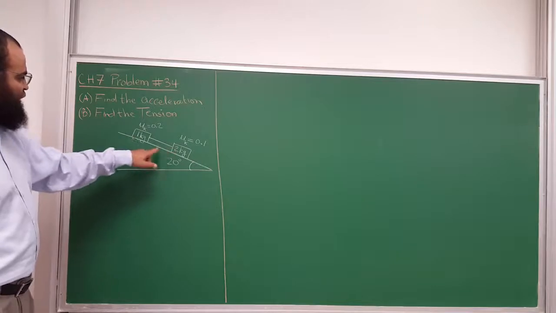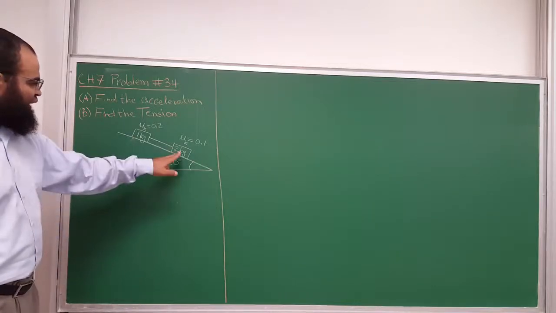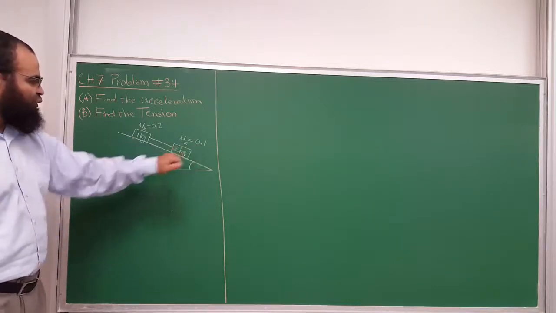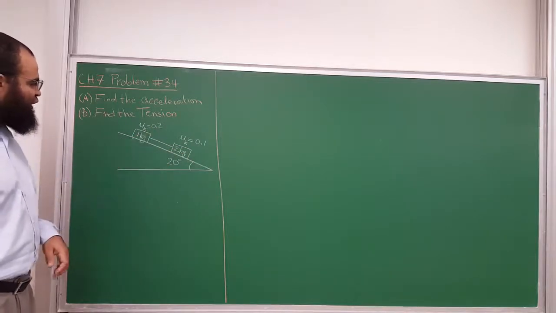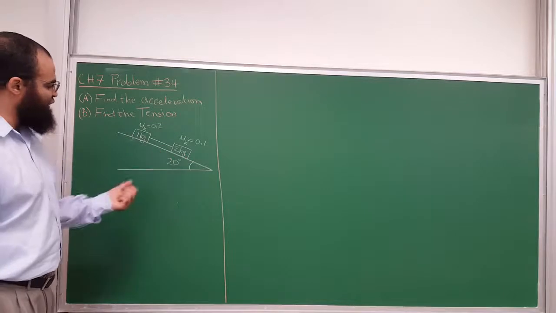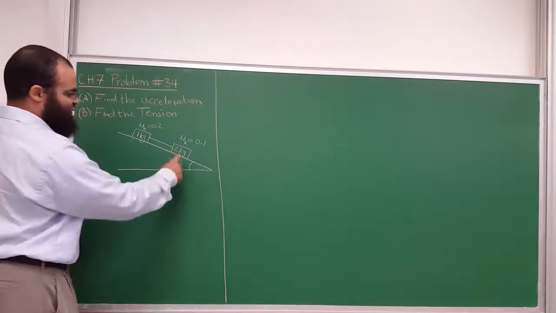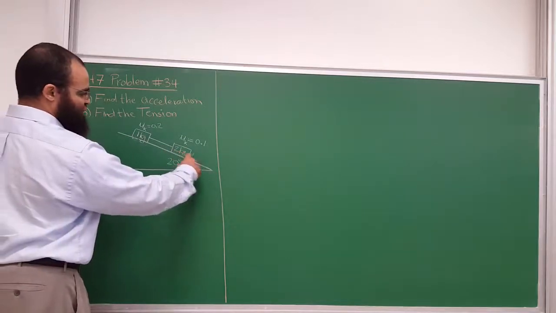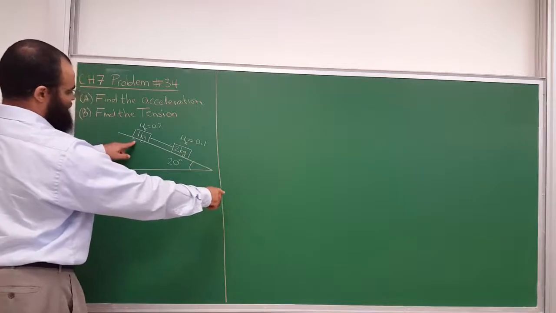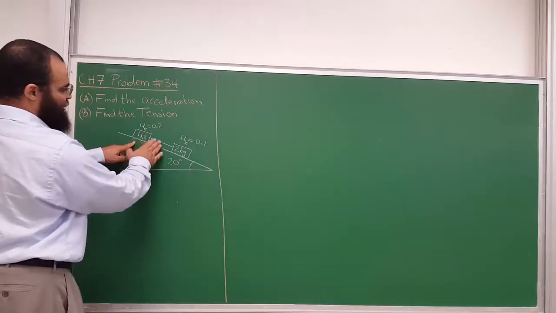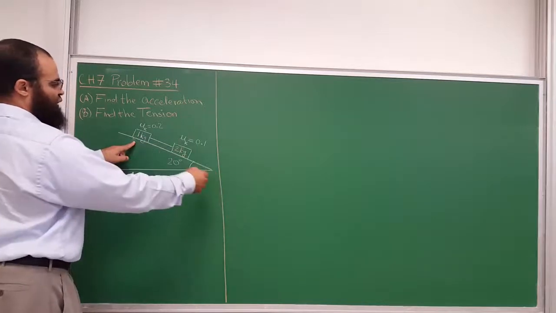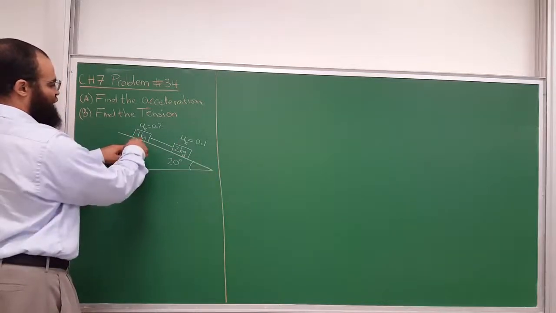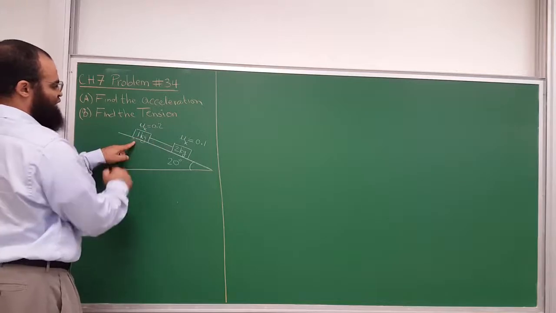Apparently they're made of different materials, because this one experiences a friction coefficient of only 0.1, and this one experiences 0.2. Notice this one has lower friction because they want this one to lead. If you cut the string, this one will go down the incline much quicker than the other, because that one experiences higher friction.